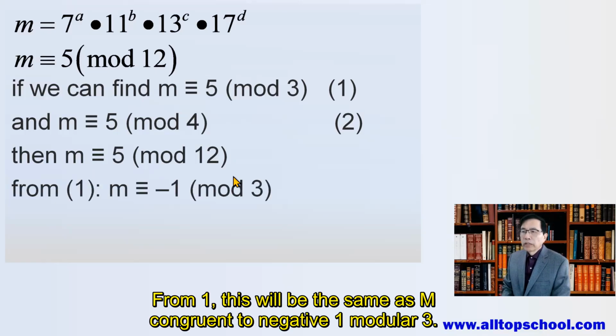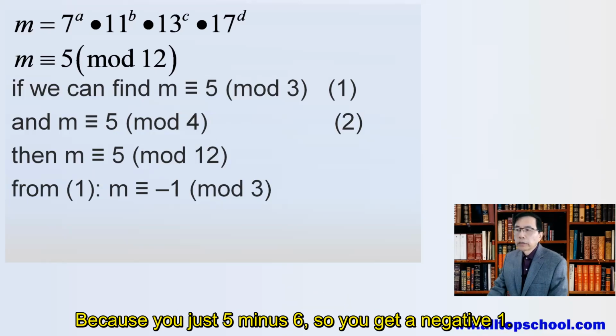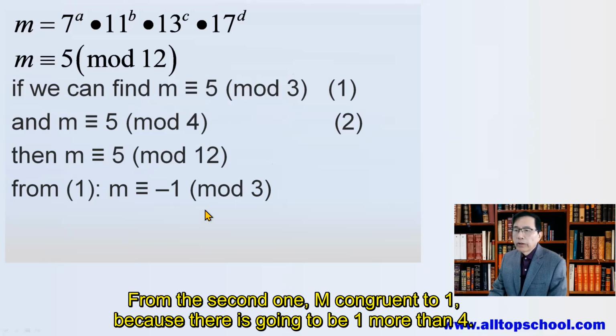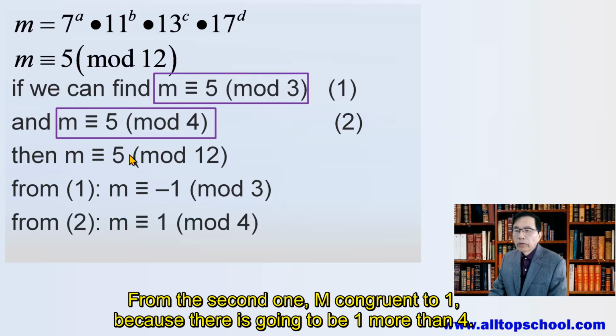From the first, this will be the same as m congruent to -1 modulo 3, because 5 minus 6 gives -1, just 1 less than a multiple of 3. From the second one, m congruent to 1, because it's 1 more than 4.